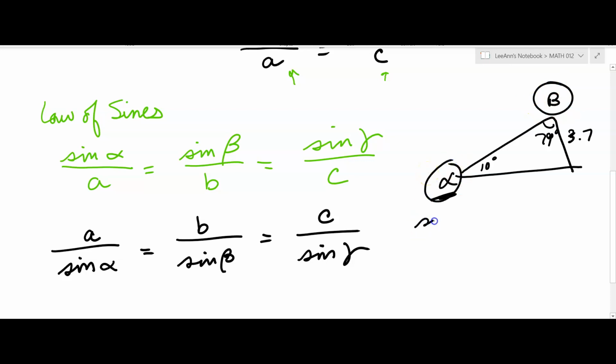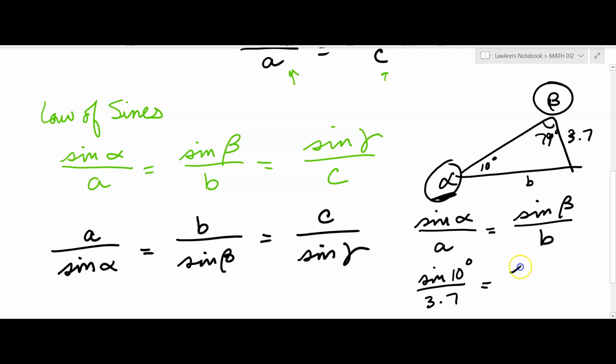So sine alpha over A is equal to sine beta over B, and let's say you're trying to figure out B. You have enough information: the sine of 10 degrees over 3.7 equals the sine of 79 degrees over B. It's a proportion, and you'd use a calculator to get a decimal approximation. I'm just previewing what's coming next.